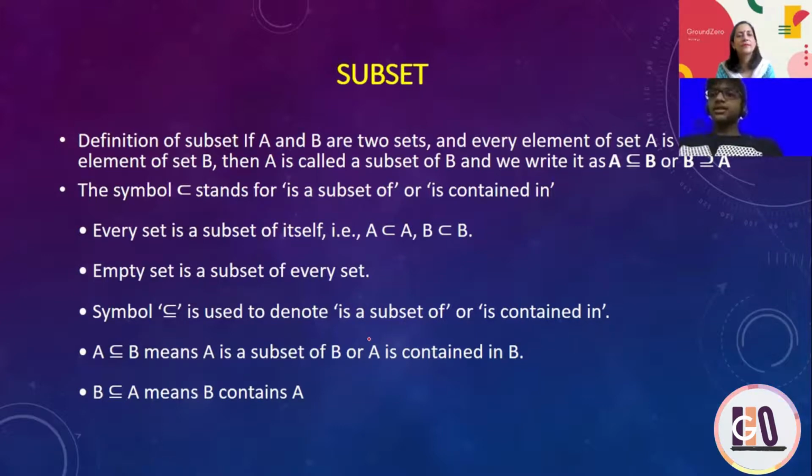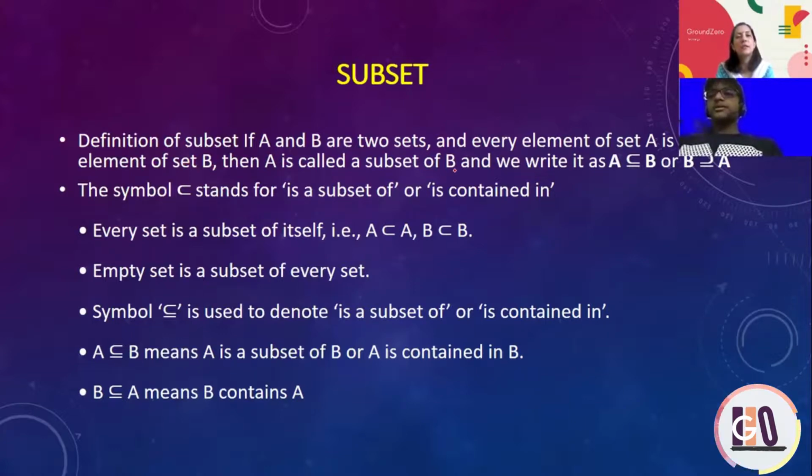They're basically equivalent sets, and they're called subsets. But it's not a necessary condition that all the elements should be the same. So we have two sets A and B, and every element of A is also an element of B.